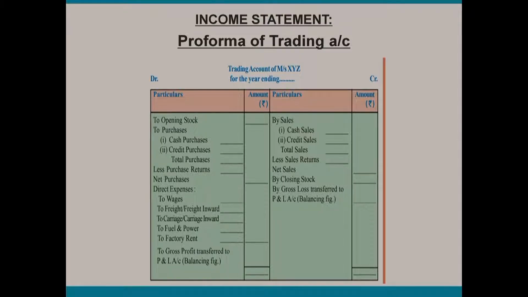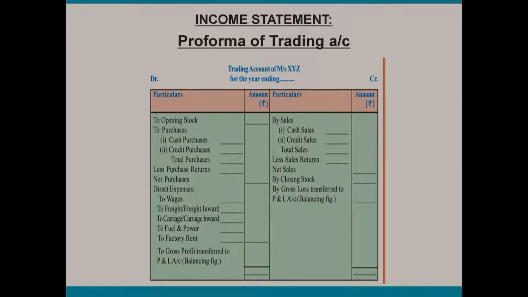Then direct expenses. What are direct expenses? The wages that you may have given, the freight that you might have paid, the carriage inward would be recorded here, then fuel and power, factory rent. So these all are your trading expenses.